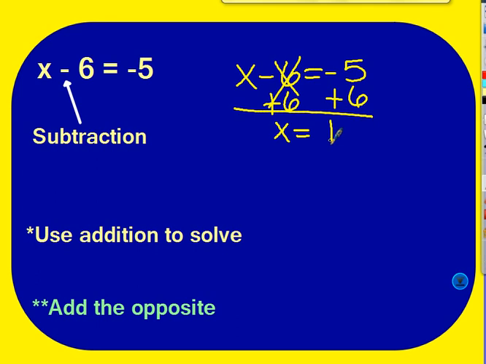Because 6 is the opposite of negative 6, they cancel out. Negative 5 plus 6 gives me positive 1. So my solution is x equals 1.